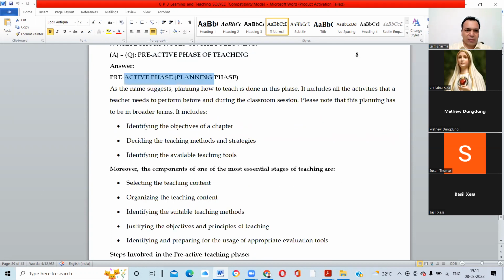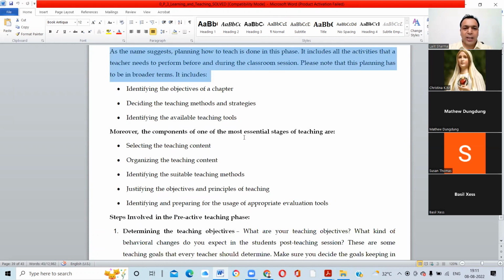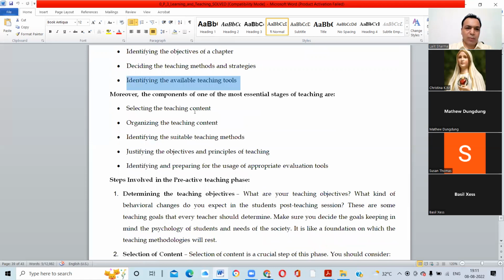So under the preactive phase, you have to define, as the name suggests, planning how to teach is done in this phase. So what the teacher does: identifying the objective of the chapter, deciding the teaching method, identifying the available teaching tools. Moreover, he selects the content, organizes the content, identifies the problem, justifies the objectives.